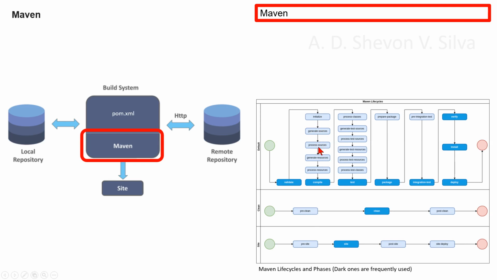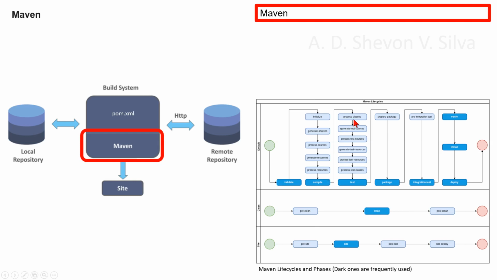Generate and process sources is connected to generate resources. Generate resources is connected to process resources. Process resources is connected to compile. Compile is connected to process classes.